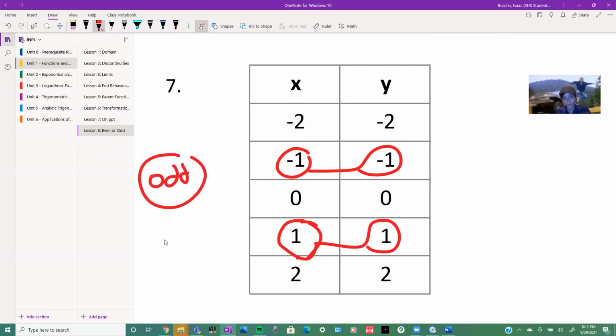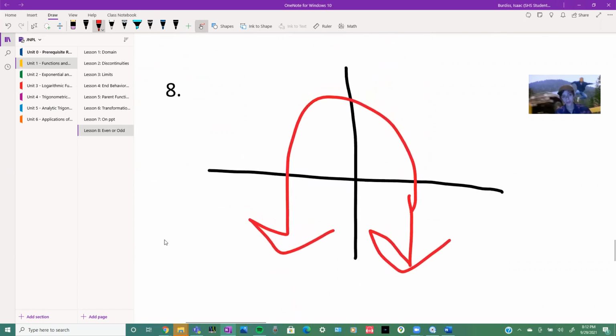Okay. Now, for this function, if we're looking at our options that we have here, we could have even, odd, or neither. We can already cross out odd because odd would have to mean that the arrows are in different directions.